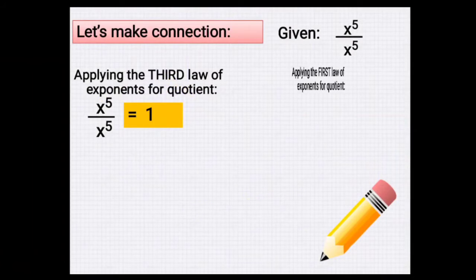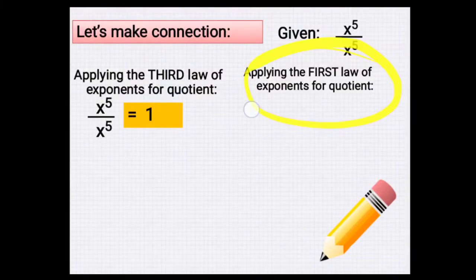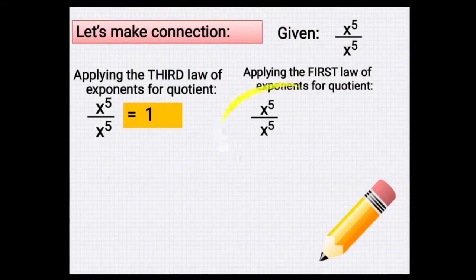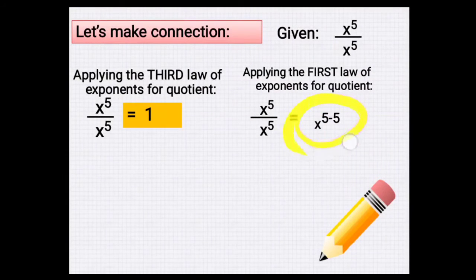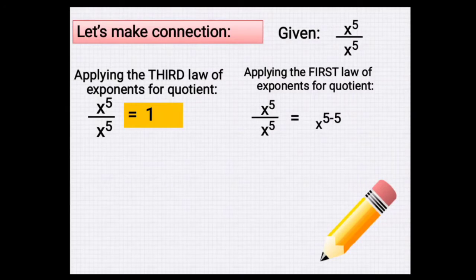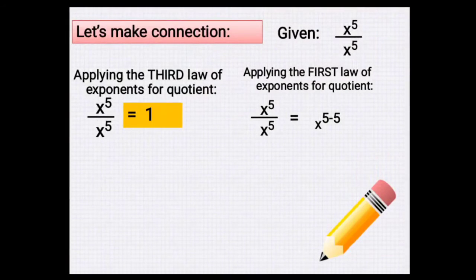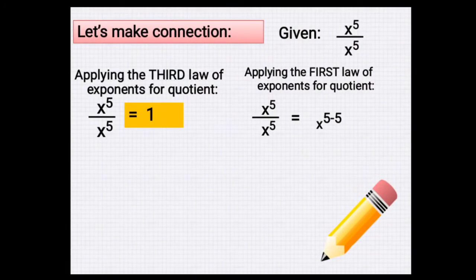But if we apply the first law, wherein you have to subtract the exponents, like this, x to the fifth power divided by x to the fifth power, get the base and subtract the exponents. So x raised to the fifth power minus the fifth power. So when we subtract them, the answer is 0.